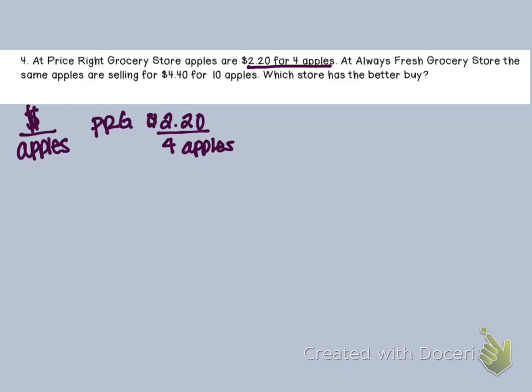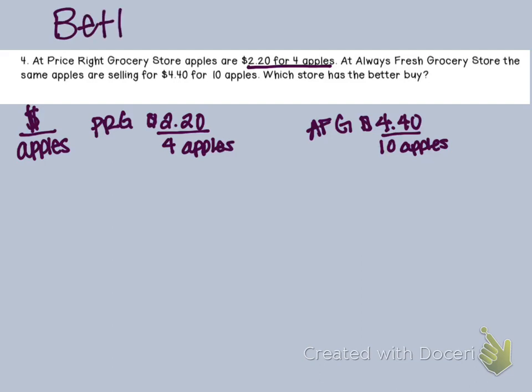Okay, and then at Always Fresh grocery, it is $4.40 for 10 apples. And this is what we like to call a better buy. So go ahead and write that on the top of this problem, better buy. Which store has the better buy?